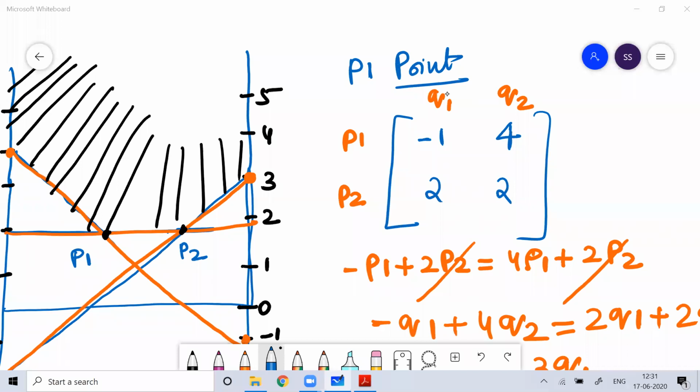Okay, guys, anyone have any doubt? Clear, everyone? Fine.